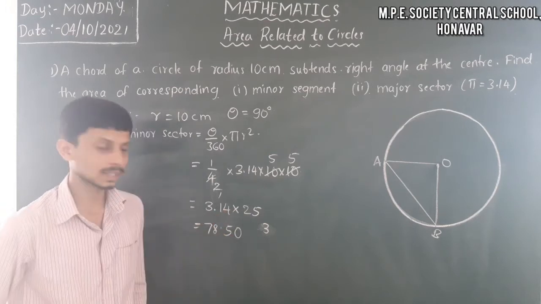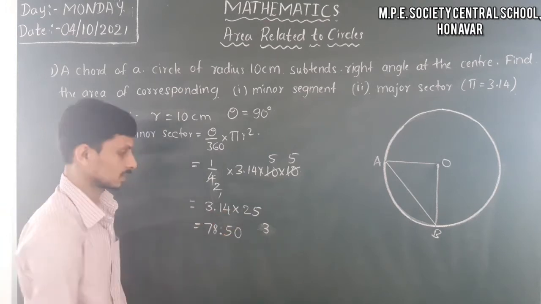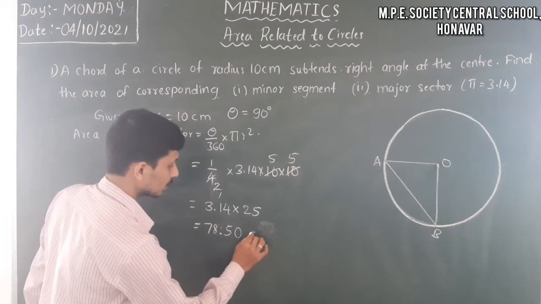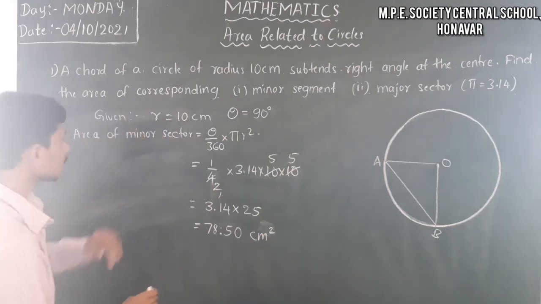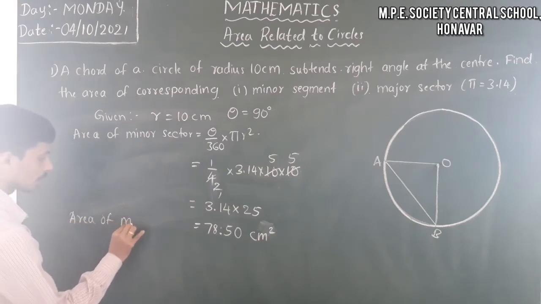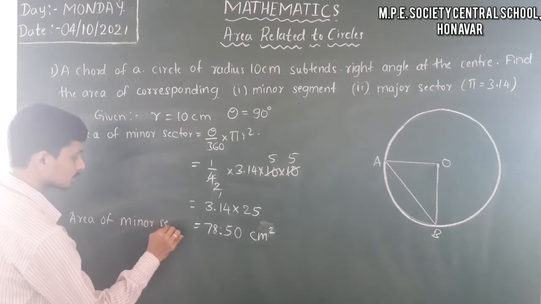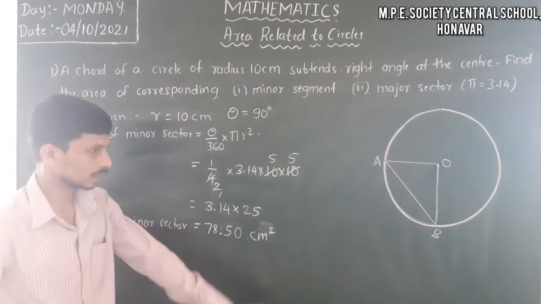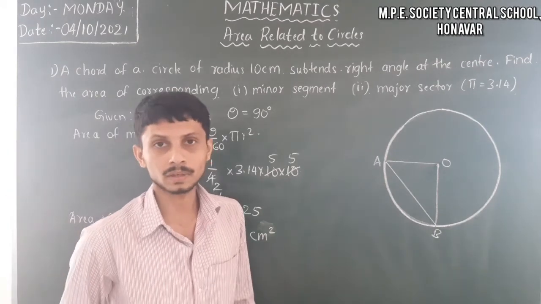After two decimal places we place the decimal point, so it is centimeter square. That is, the area of the minor sector is equal to 78.5 centimeter square.